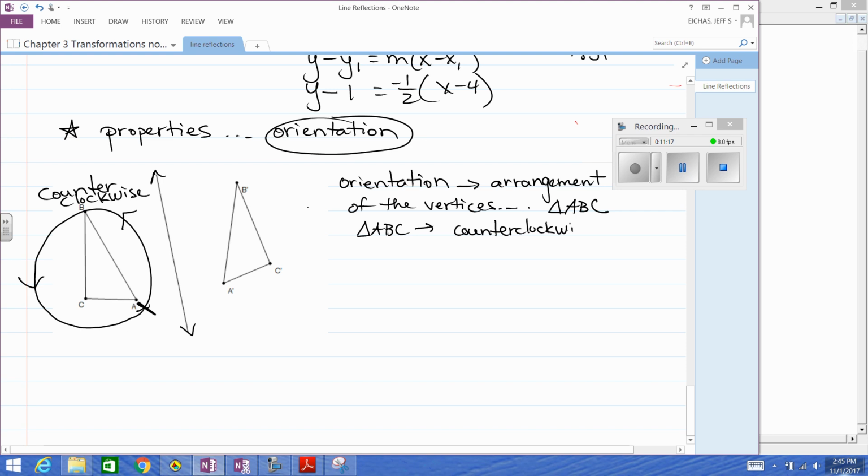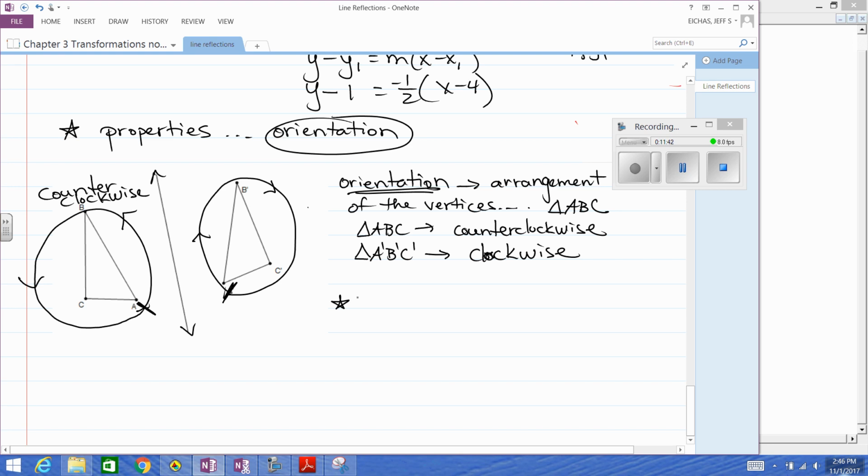If you go over to triangle A prime, B prime, C prime, start at A prime, move over. For triangle A prime, B prime, C prime, it's actually following the clock, so it is clockwise. So the big thing with all line reflections is the orientation will change. Okay?